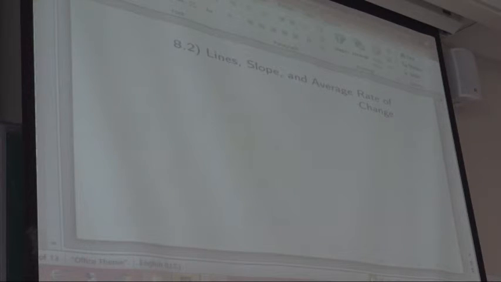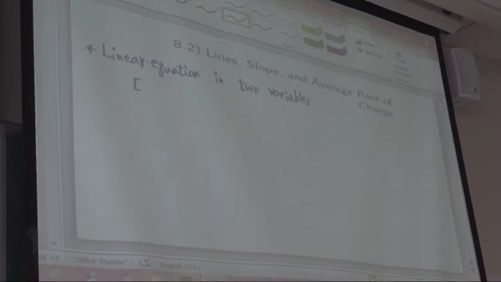A linear equation in 2 variables is, for example, like 2x plus 3y is equal to 6.